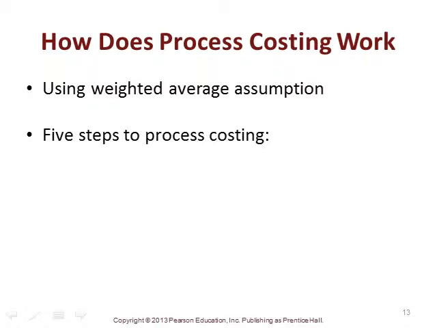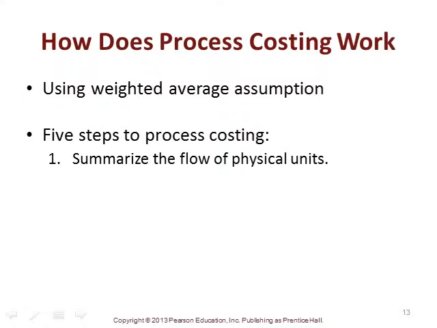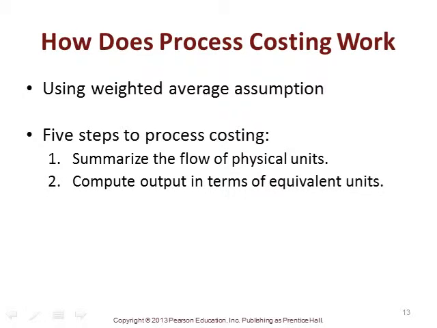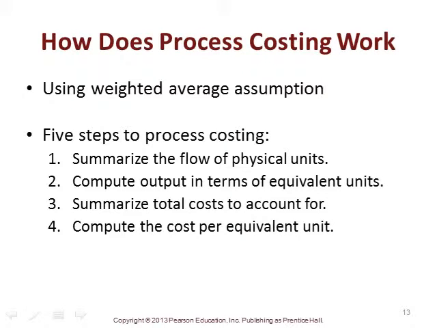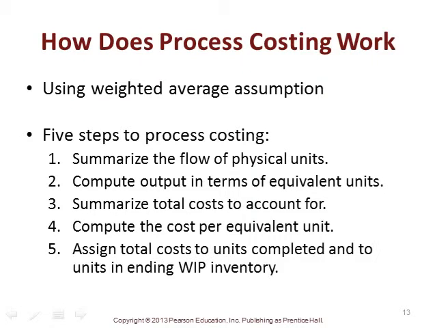We need to summarize the flow of physical units. We need to compute the output in terms of equivalent units. We need to summarize the total cost to account for, compute the cost per equivalent unit, and then finally assign total cost to units completed and to the units in ending work in process.